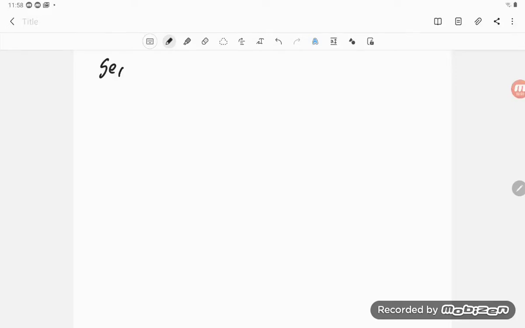So this is section 5.5, and this is theorem 5.5.1. And this is a pretty neat thing.